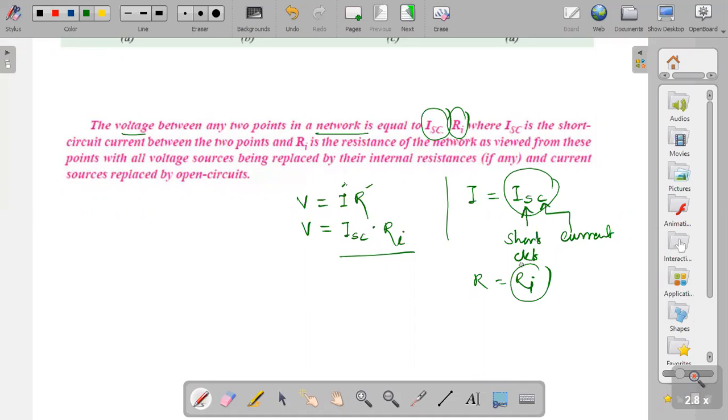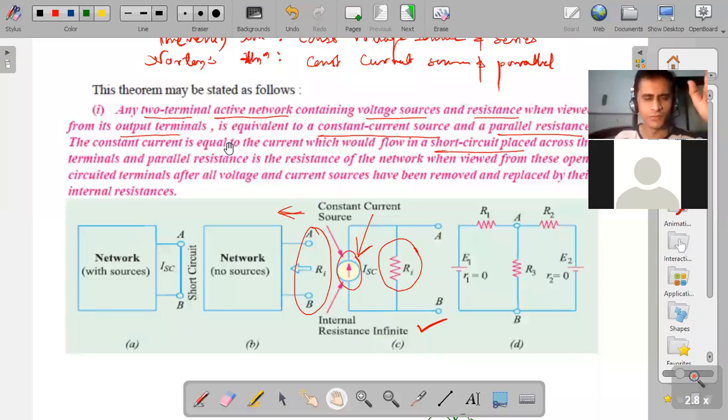Therefore, in Norton theorem, replace your constant voltage source by a constant current source and connect a parallel resistance. In case of Norton theorem, suppose your circuit is with a constant voltage source and resistance network.